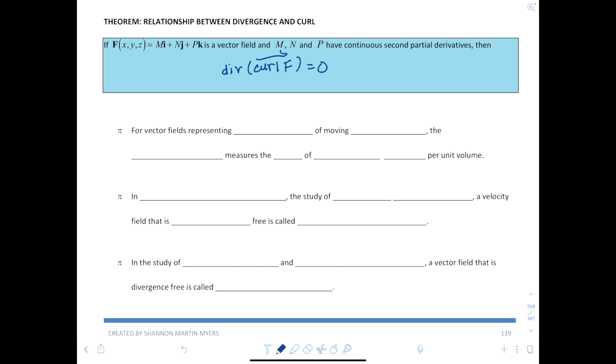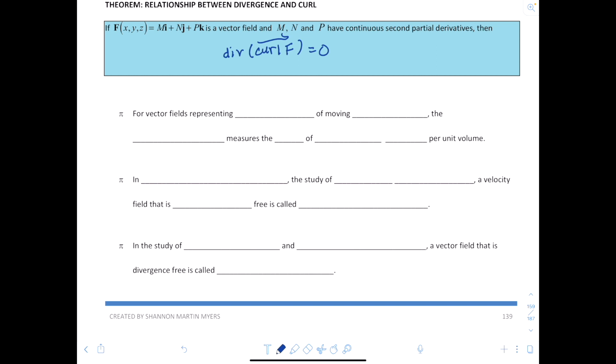All right, so anyway, some interesting things for vector fields representing velocities of moving particles. The divergence measures the rate of particle flow per unit volume.